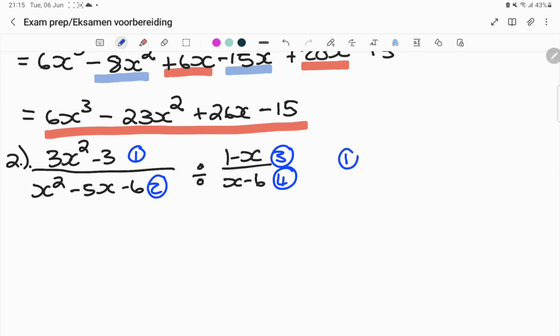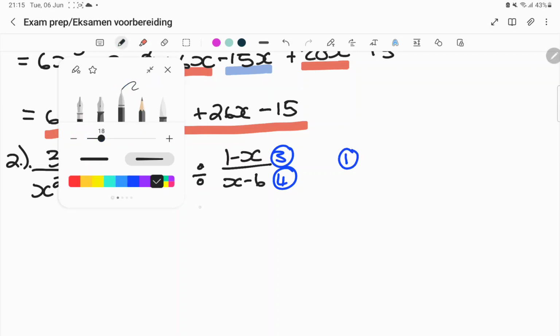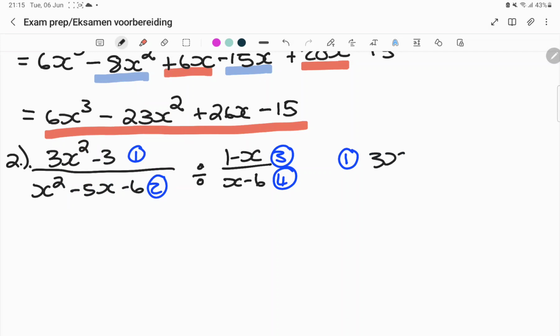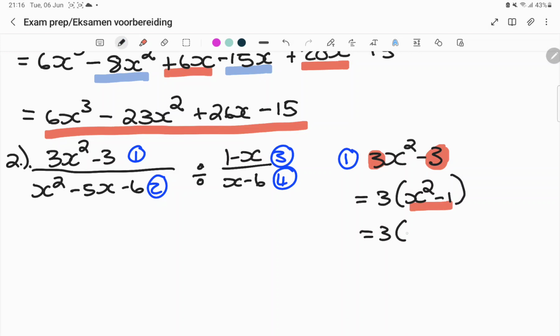So let's look at part number 1 first. So I have 3x squared minus 3. Now I can immediately see that here and here is both a 3, so I have a common factor of 3. So taking that out will leave me with x squared. 3 divided by 3 gives me minus 1. Now this is also the difference of 2 squares, which means I have actually x minus 1 and x plus 1.